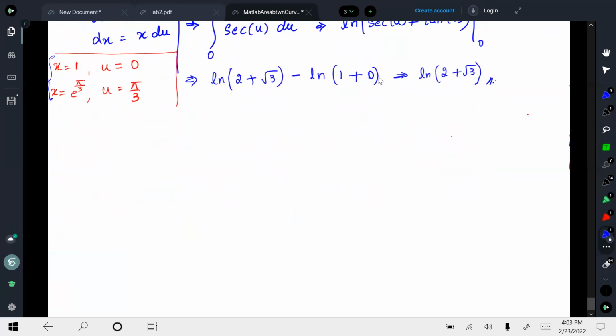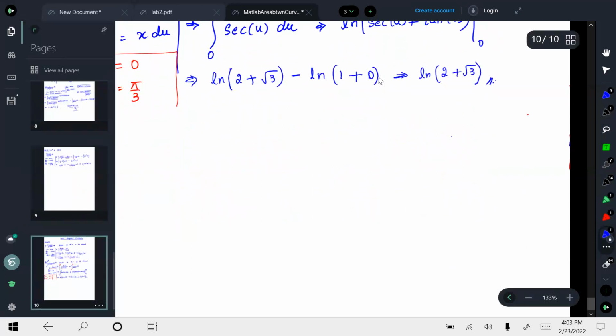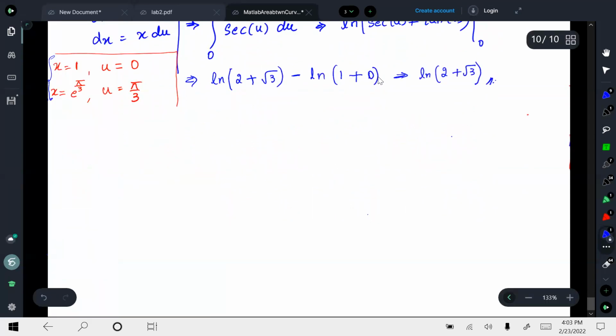Moving on to the last problem. This is not an example, but problem 5 in your lab manual. This is exactly the same problem which I took from your lab manual.